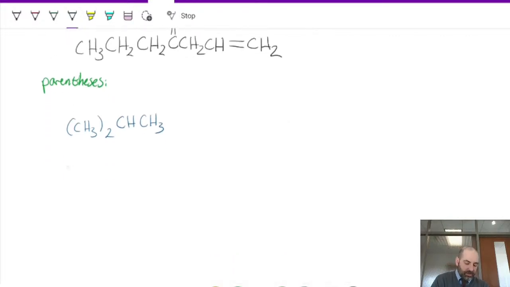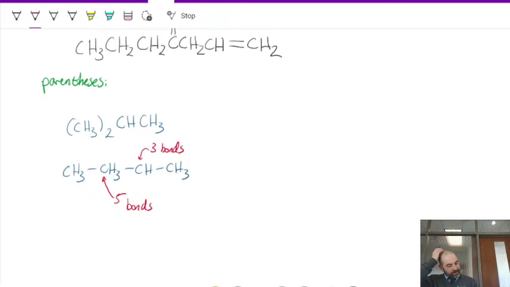That doesn't mean CH3, CH3, CH, CH3. And the reason that doesn't work is because this carbon now has 5 connections, 5 bonds, and this carbon only has 3 bonds. So that doesn't work. So that's the wrong structure.